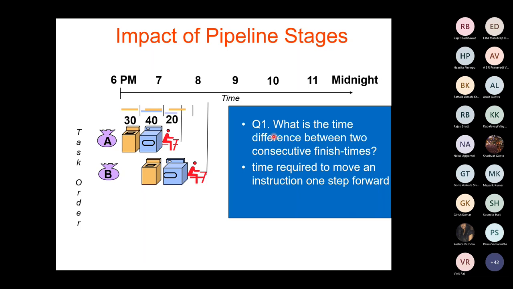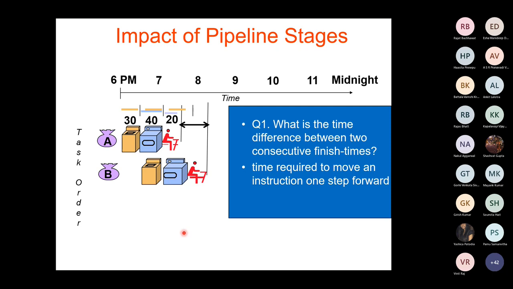So the first question you have already answered: what is the time difference between 2 consecutive finish times? This is the time instant where the first user finishes, and this is the time where the second user finishes. So this time difference must be equal to the time needed by the longest stage, because these are the same resources and they must be non-overlapping in time.